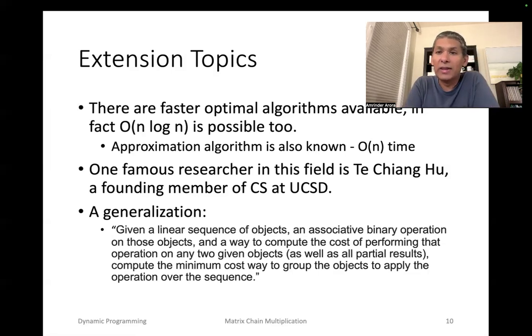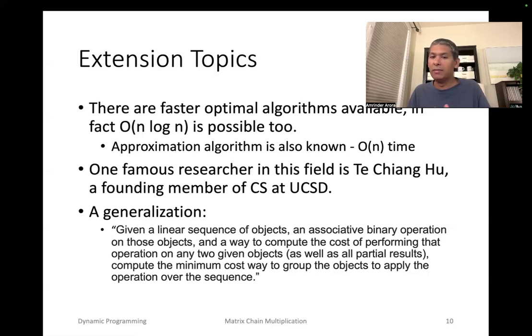If you want to consider a generalization of this problem: because matrix multiplication is associative, we can generalize it. If you have a given linear sequence of objects and some binary operation, what is the way to compute the cost of performing that operation on any two objects?